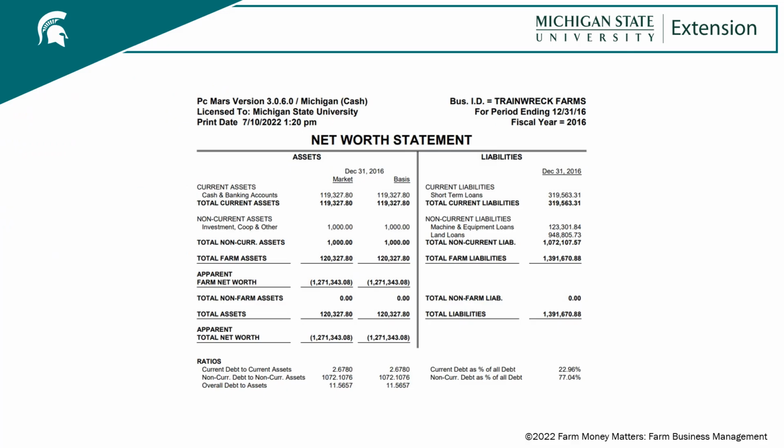And so this prints a one-page report in a balance sheet format, assets on the left and liabilities on the right. In order to fit this on one page, the items are summarized into general groups: current assets and liabilities, non-current assets and liabilities, and so forth. Then it calculates an apparent net worth that can include your personal assets and liabilities if you have entered them.